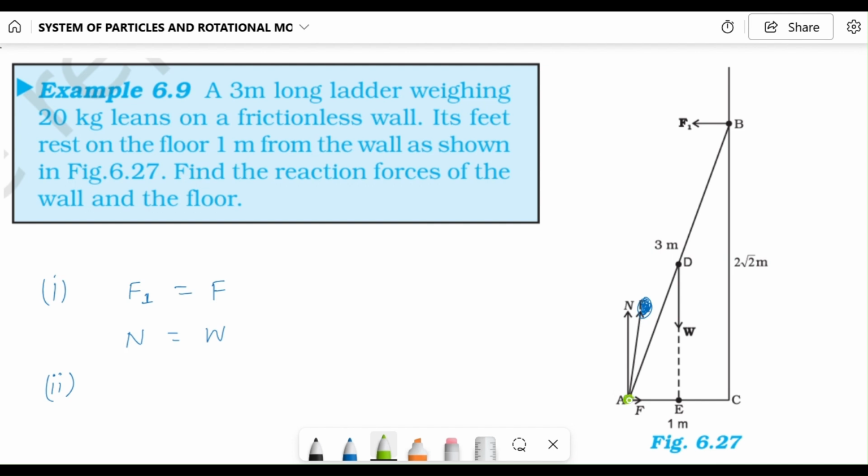So I am choosing the reference at point A. Here we have force N and force F. These two forces give us net torque 0, because they are passing through the origin, so each individual force gives us a moment of force 0. So now we have to be worried about the weight force, meaning the gravitational pull on the ladder, and this normal force F1.